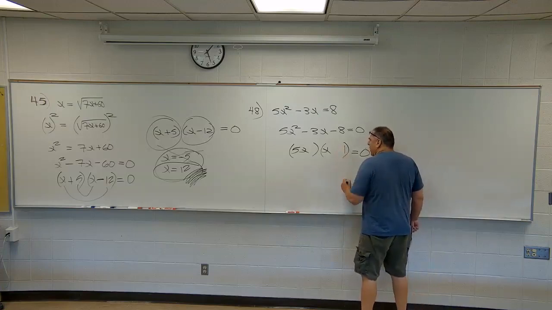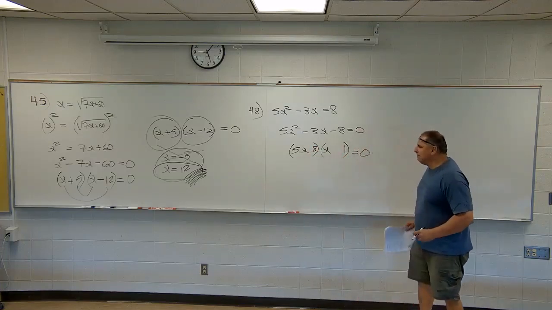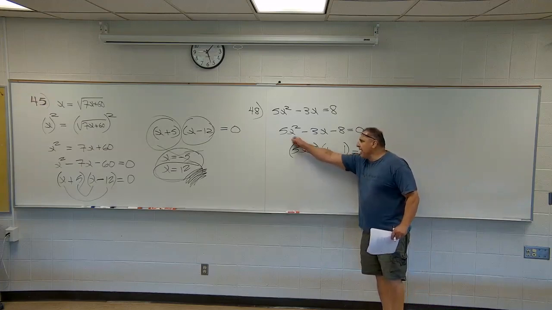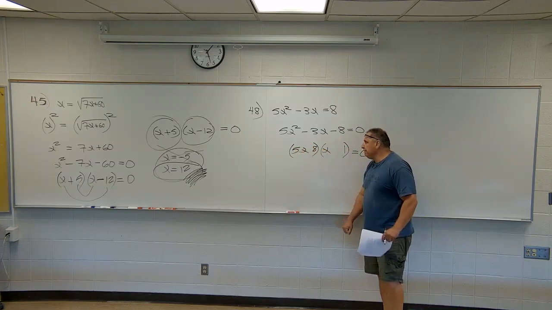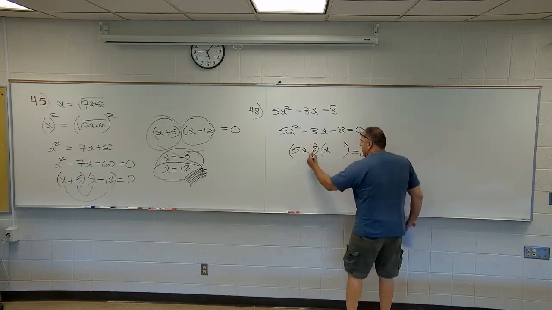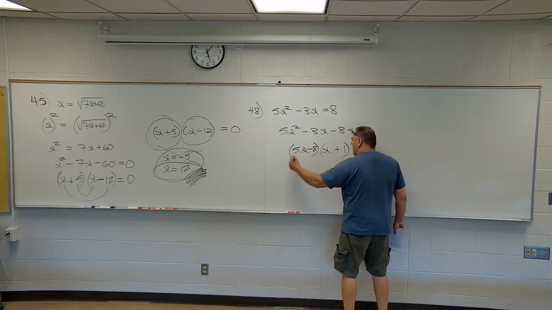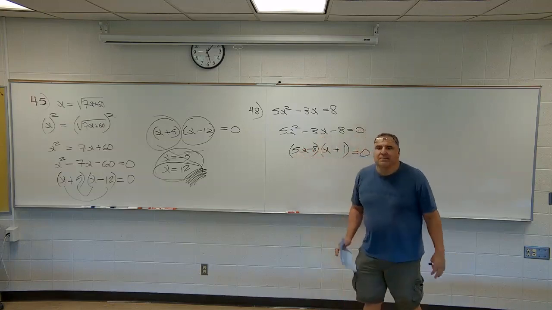If you put a 1 right here and an 8 right here, you might be good to go. Why is that? 5x times x is 5x squared. 8 times 1 is 8. What do you say you make it negative 8 times x is negative 8x? And positive 1 times 5x is positive 5x. Positive 5x and negative 8x is negative 3x.